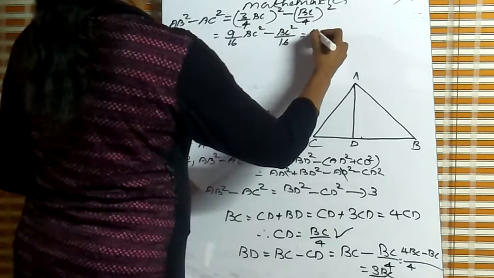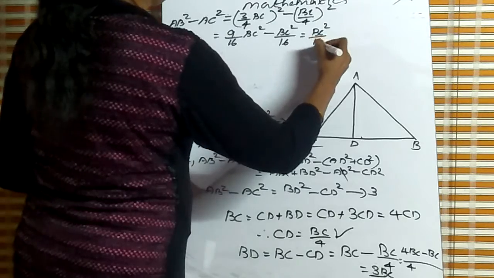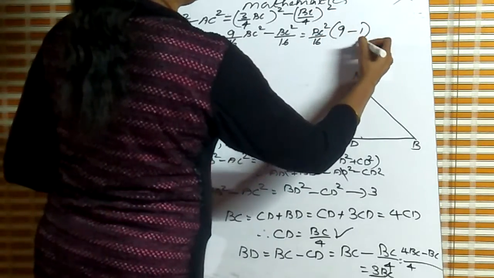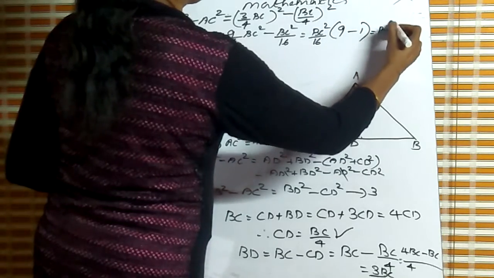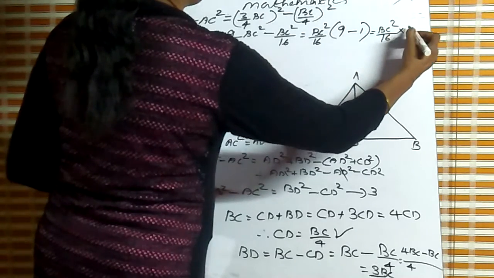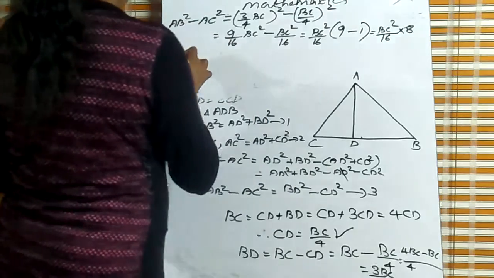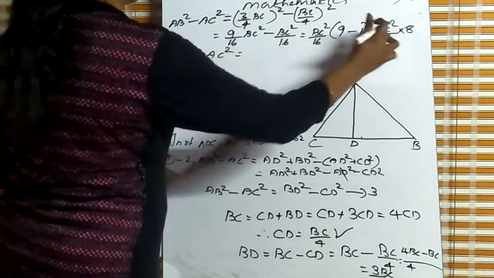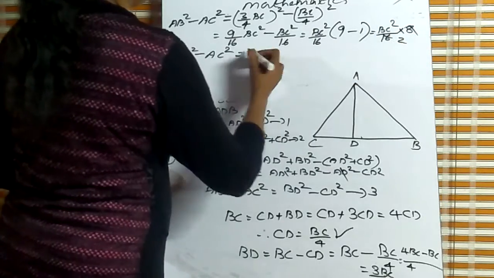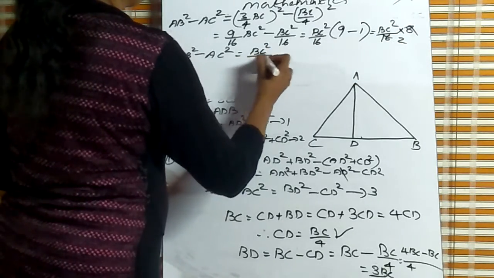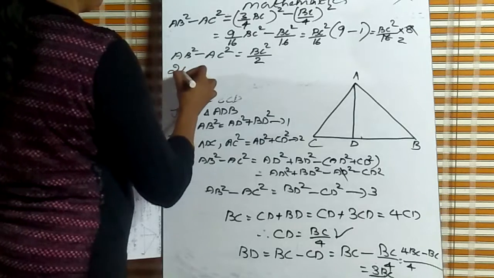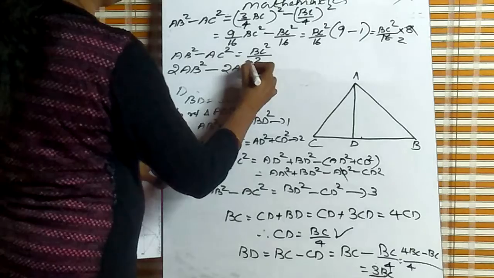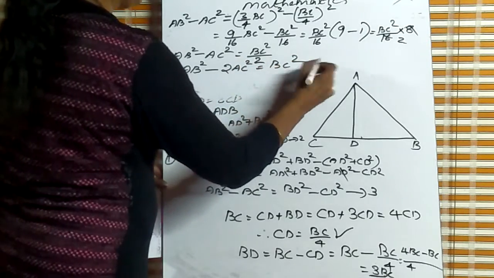Take BC square by 16 outside: into 9 minus 1 equals BC square by 16 into 8. So AB square minus AC square is equal to BC square 8 by 16, which is BC square by 2. Cross multiplication: 2AB square minus 2AC square is equal to BC square.